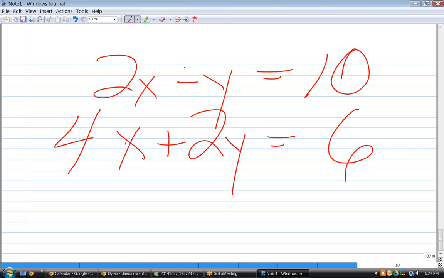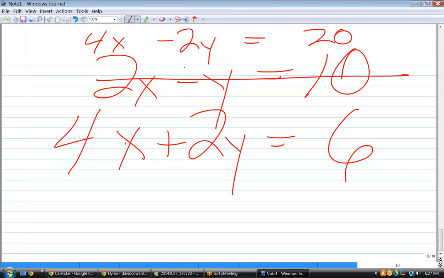But I'm allowed to do anything I want to either equation as long as I do it to both sides. So what could I do to the top equation? Multiply it by 2. Yeah. That's going to make it 4x minus 2y equals 20 instead of that. Cool. Now, notice what I can do.